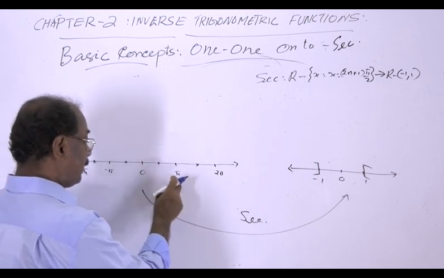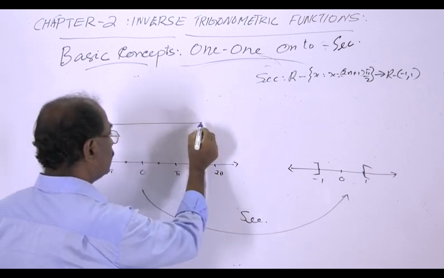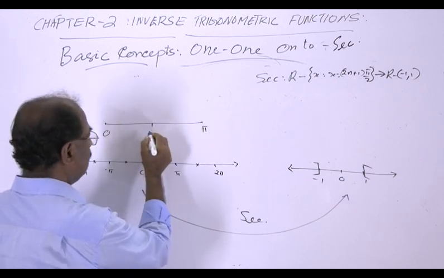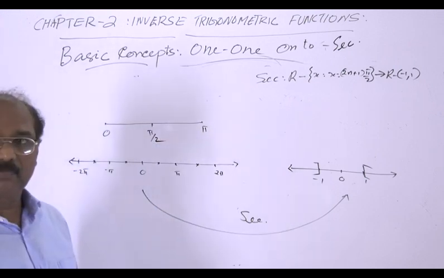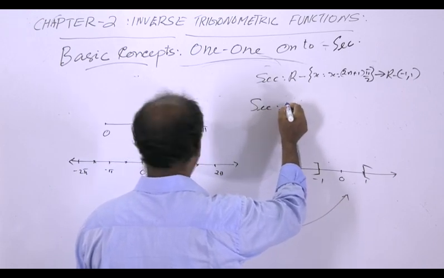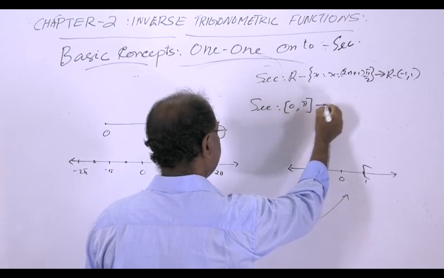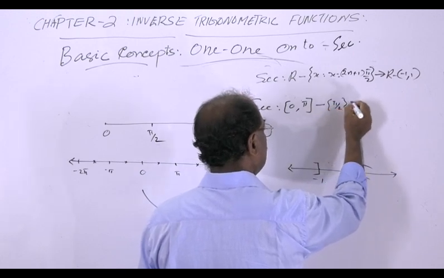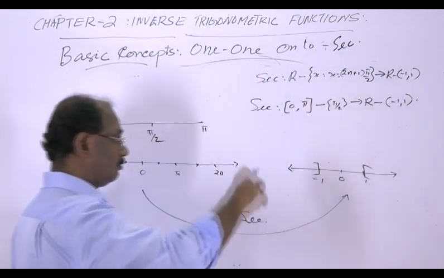Now consider the interval 0 to pi. We may expand this for convenience. So this is pi, this is 0, and in the middle we have pi by 2. Now consider the secant function from the interval 0 to pi, minus pi by 2, to R minus (-1, 1).